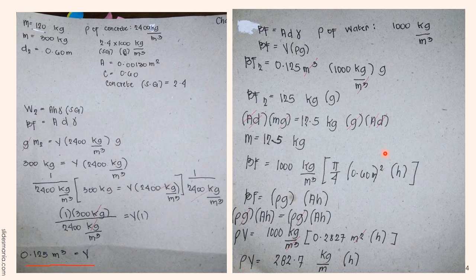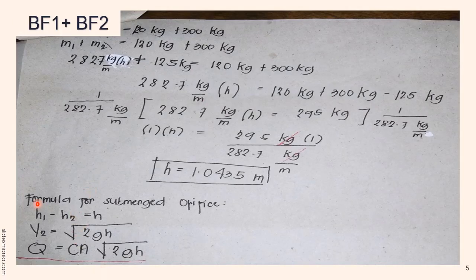After this, we can get rho times volume equal to 282.7 kg per meter times the height. And finally, to get the answer for the submerged orifice, we can first get our total value for H.